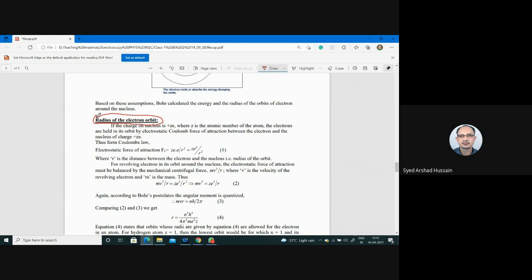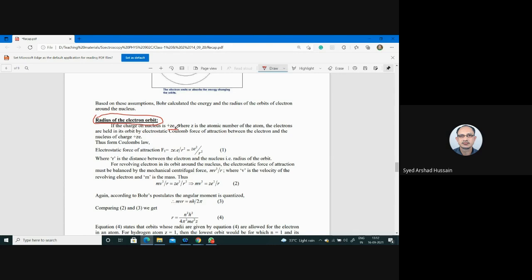let us consider an atom of atomic number Z, that means the nucleus has positive charge +Ze, and Z number of electrons are rotating around the nucleus in their orbits.